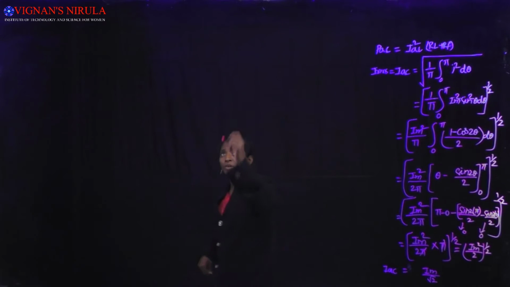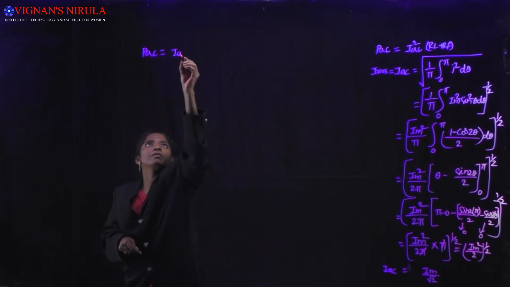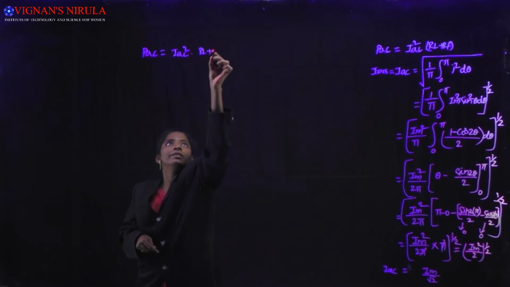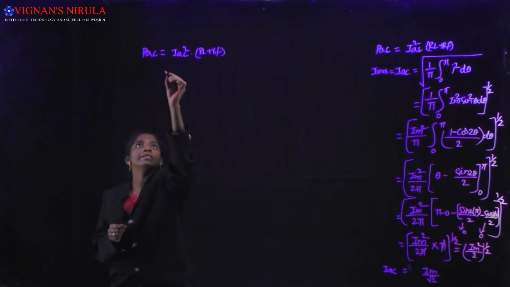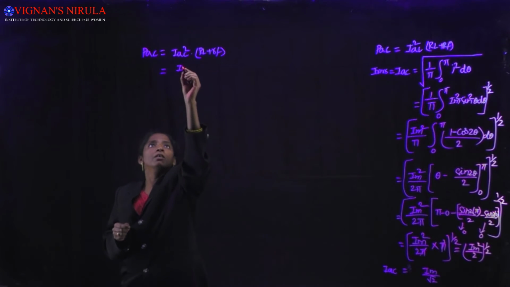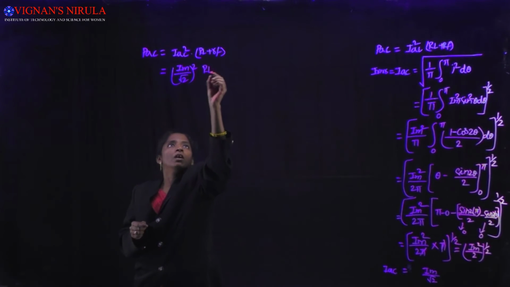Now we are going to calculate PAC equal to IAC square into RL plus RF. So the efficiency formula is, now substitute the value of IAC, that is Im by root 2 whole square, RL plus RF.